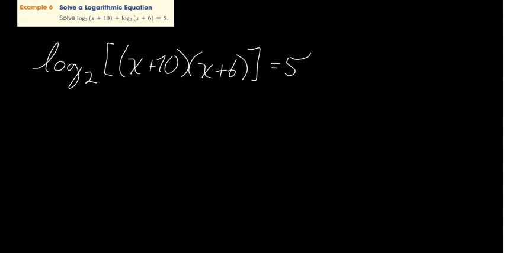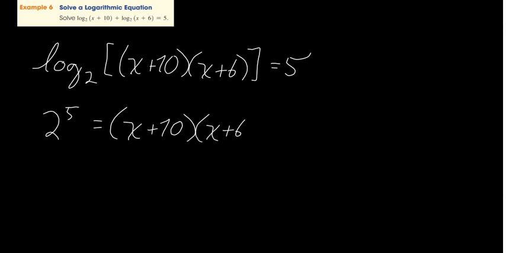All right, now we're trying to solve for x here, so we can change this to our exponential form. So now we can change this to 2 raised to the 5th power is going to be equal to x plus 10 times x plus 6. And then we can continue the computation here. 2 to the 5th power is 32.